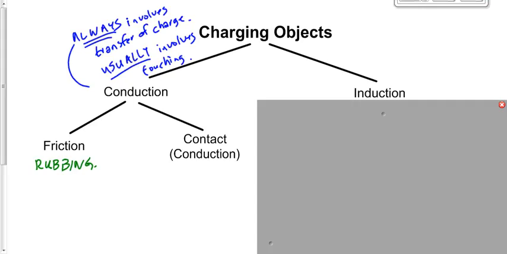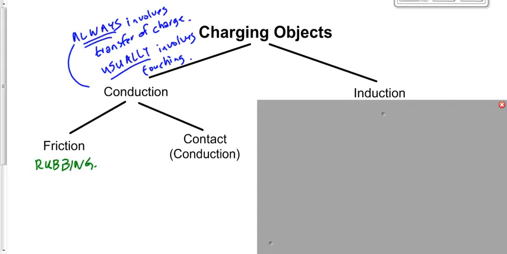Now, the law of conservation of charge still dictates how this works. If I have 2 neutral objects, and I rub them together, one becomes +5, the other has to become -5. Because the total charge was 0, it's got to remain 0.